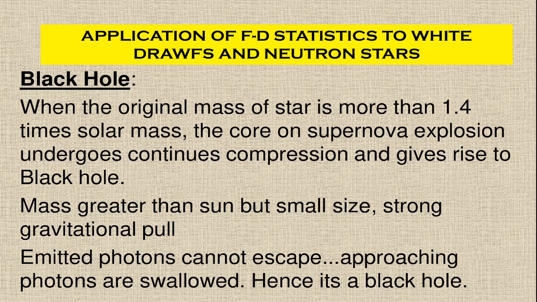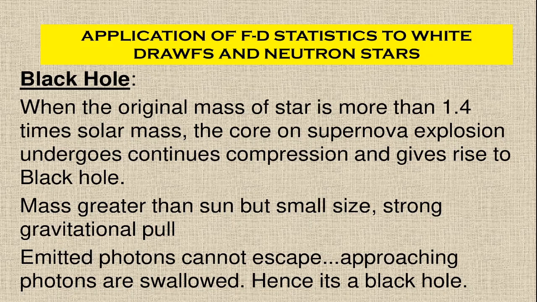Again, if any photon is approaching the black hole, it is swallowed by it. Hence, we call it a black hole. Photons are nothing but radiation. So this black hole will take away all the things. It's the core of the star. That's why we call it a black hole.